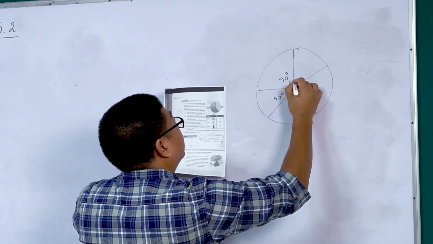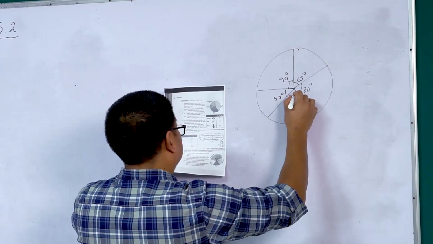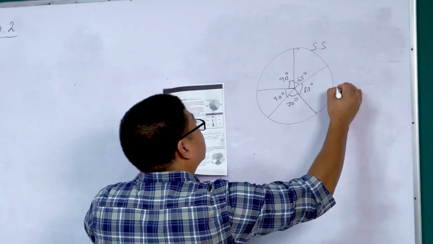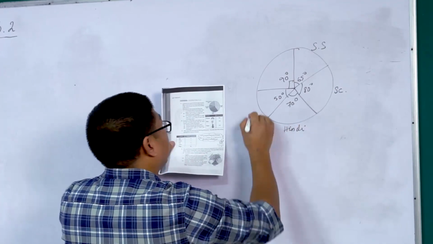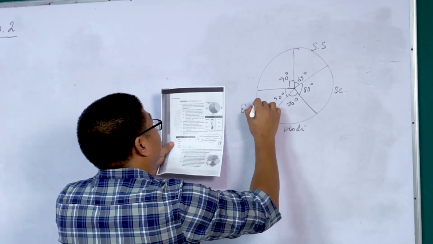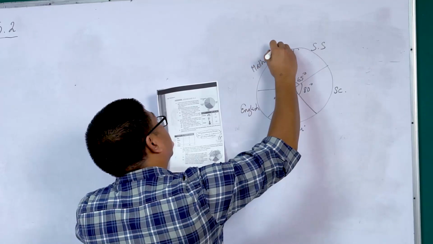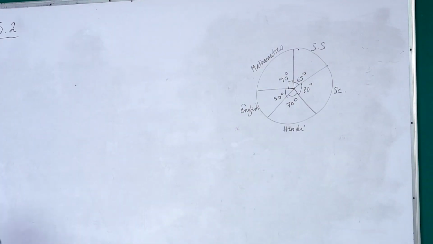So this is for SS, this is for science, this is for Hindi, this is for English, and this is for mathematics, math. Before you continue, let's look at the question together.